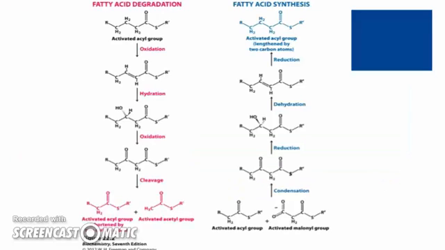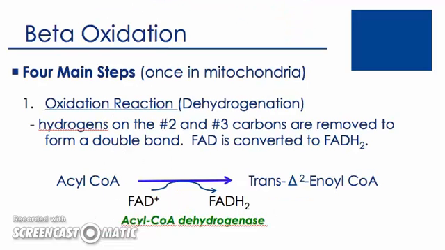The 4 general steps of beta oxidation can be classified as oxidation, hydration, oxidation, and cleavage, leaving the fatty acyl CoA 2 carbons shorter and an acetyl-CoA. The first step of beta oxidation is an oxidation reaction, also known as a dehydrogenation reaction.